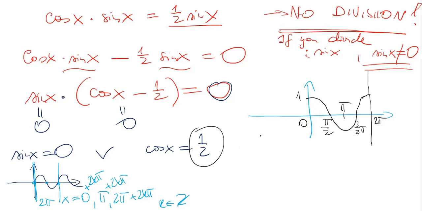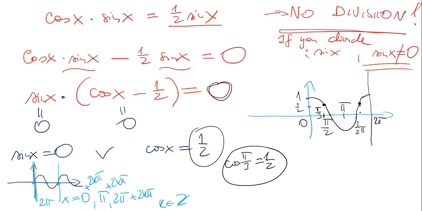Now we have to look where we have angles which have this cosine 1/2. Of course we start with pi third, so 60 degrees, because cosine of 60 degrees is 1/2. So we will start here.